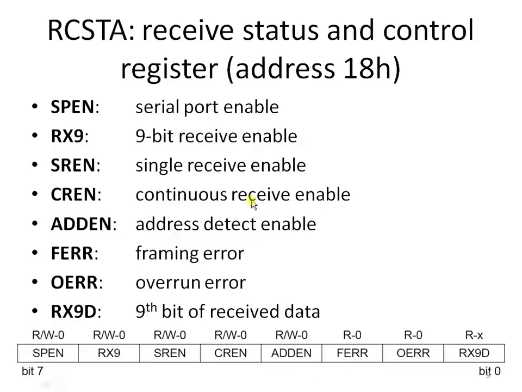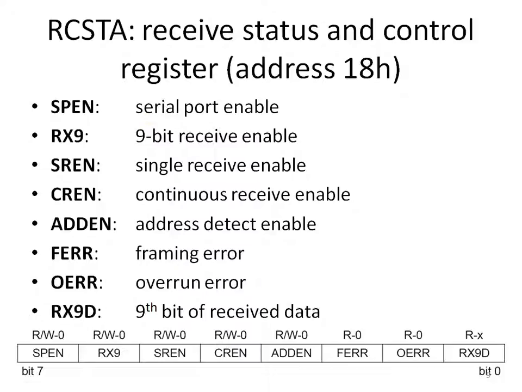So if you want to configure them as USART pins, then you have to program this particular bit to logic 1. If you program this bit to logic 1, then the port C pins RC7 and RC6 will be acting as TX and RX. If you program it to 0, then those pins will be acting as GPIO pins.